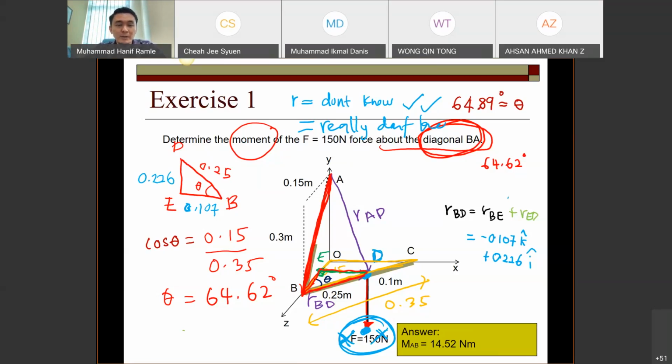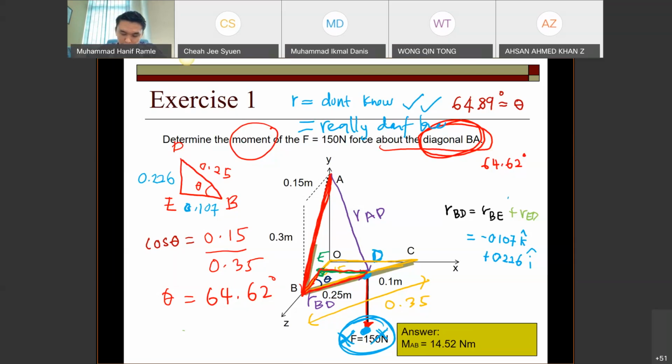To avoid more time, we can use RBD straight away instead of calculating RAD, to get the moment.